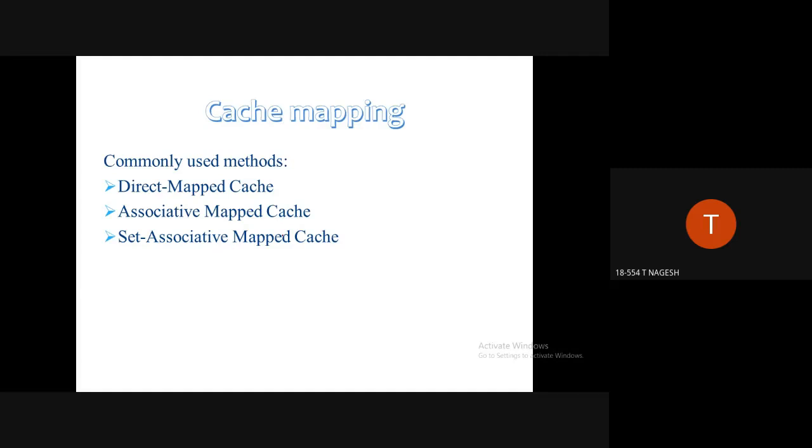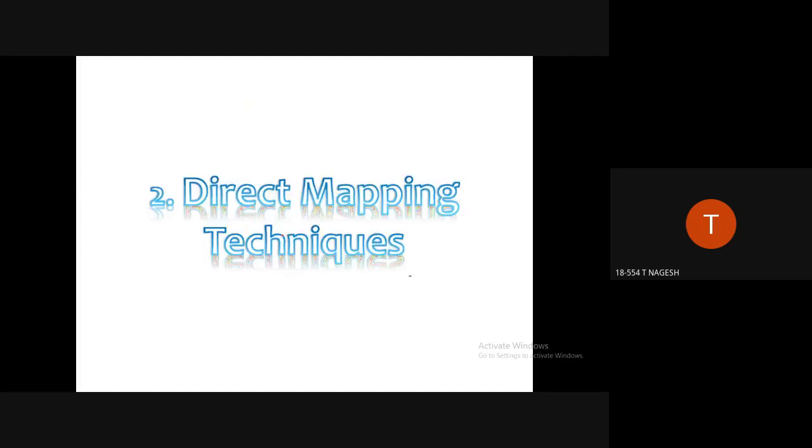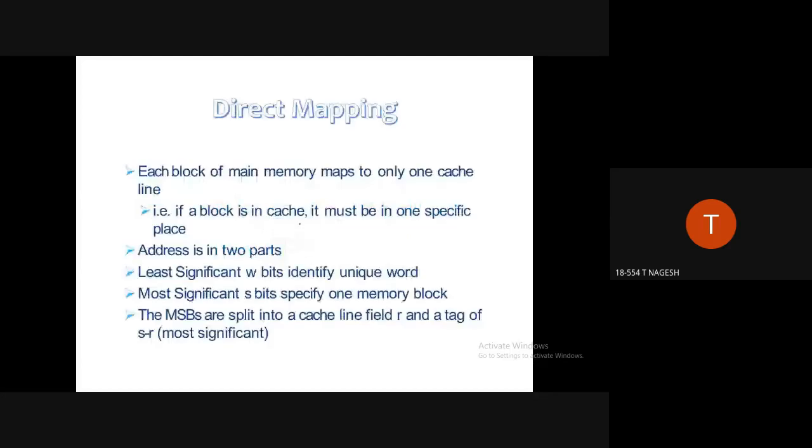Out of these three, in this session we are going to discuss only the direct mapping technique. First we'll look into the theory part of the direct mapping technique, and then we'll consider an example. Using that example, I will explain more clearly. Until then, just concentrate on what I am saying.